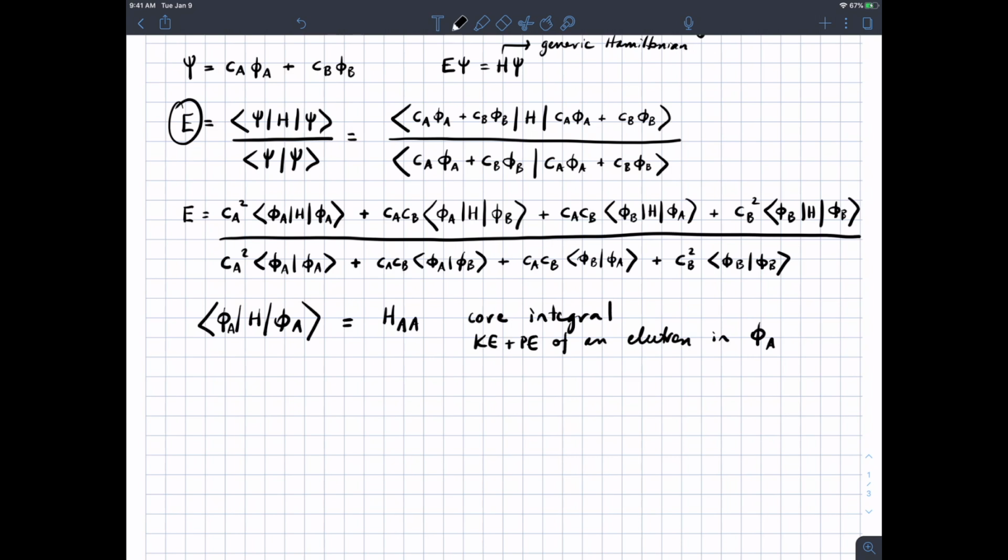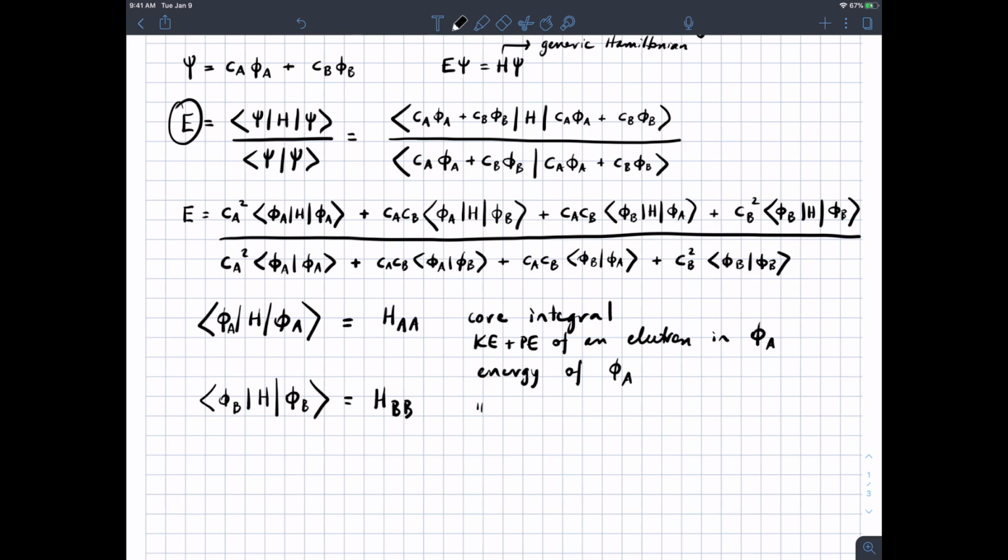Okay. So the core integral is basically just the energy of an electron in that atomic orbital, sort of where you start at. The same thing is true for the following integral based on the B atomic orbital, which we're going to call HBB. This is the same thing.